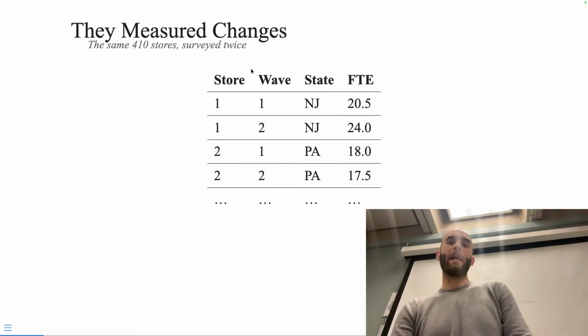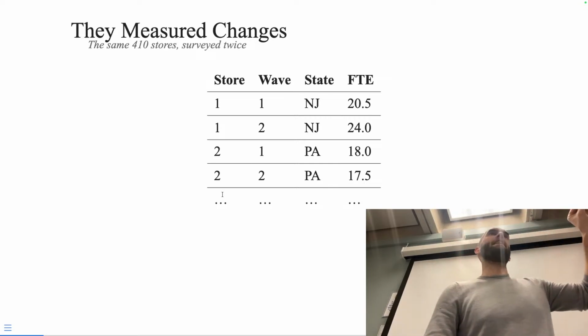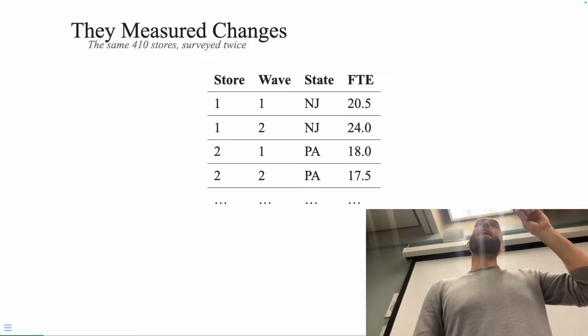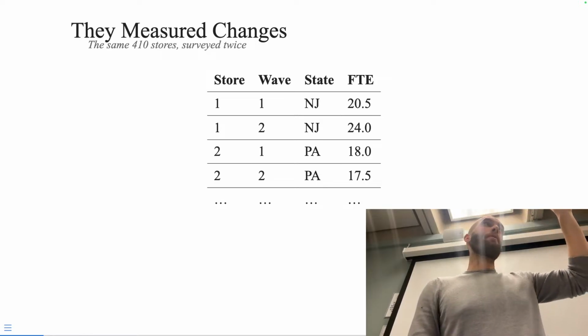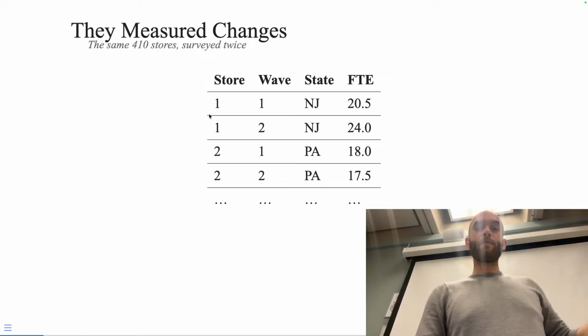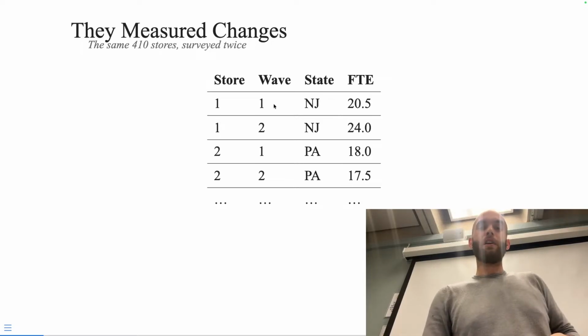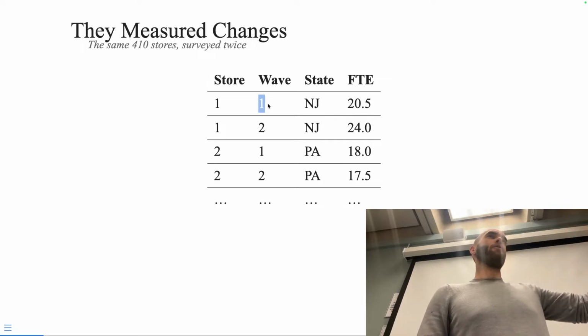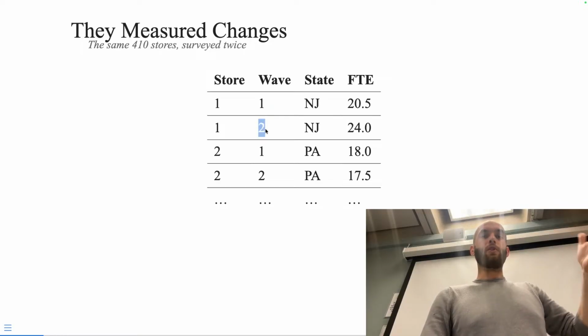We have a store indicator variable, which is our entity. And you'll remember, we talked through this last class. We have store showing up twice. So each one of our many stores shows up in both of the waves. So we have our pre-minimum wage wave, and then we have our post-minimum wage wave.